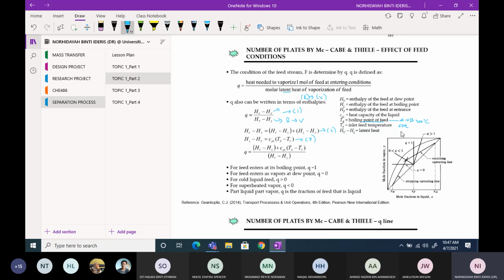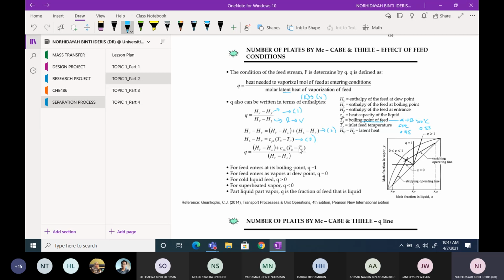Your mixture consists of 0.45 A and 0.55 B, that is 0.45 ethanol plus 0.55 water. So the boiling point must be somewhere between 65 degrees Celsius and 100 degrees Celsius. That's the boiling point of feed.